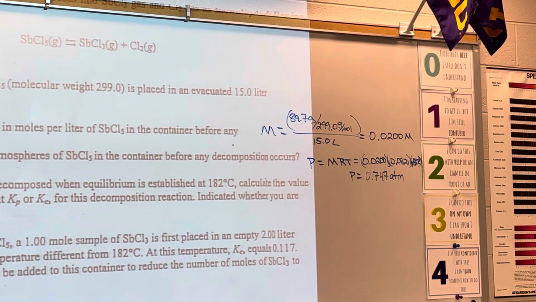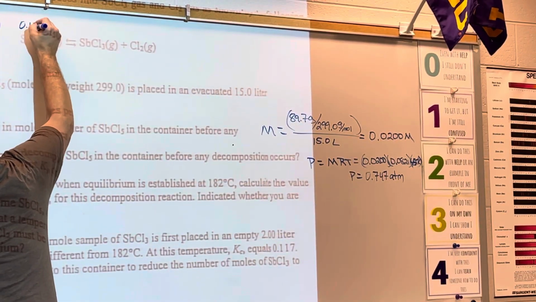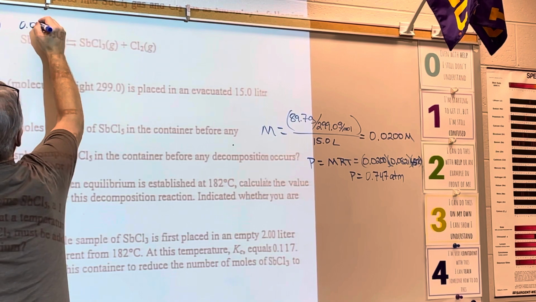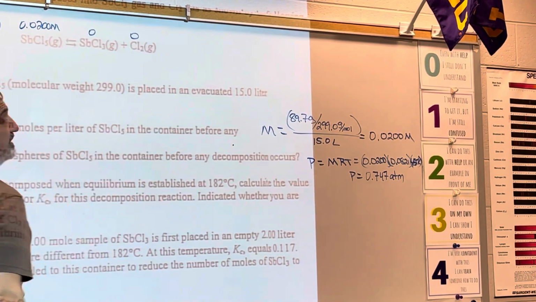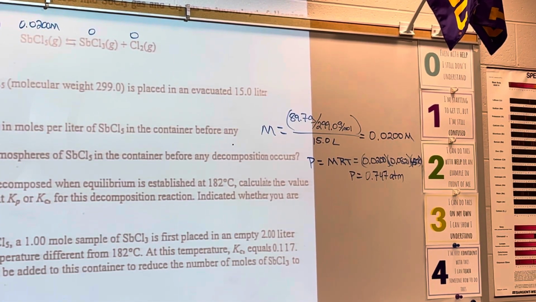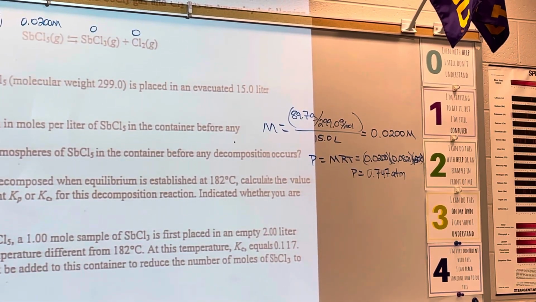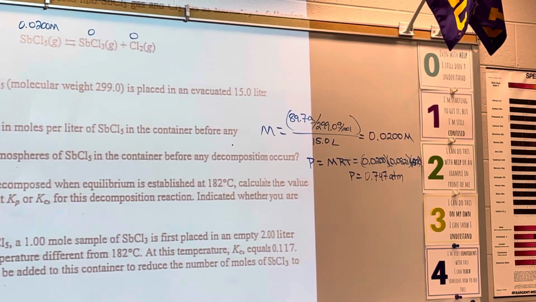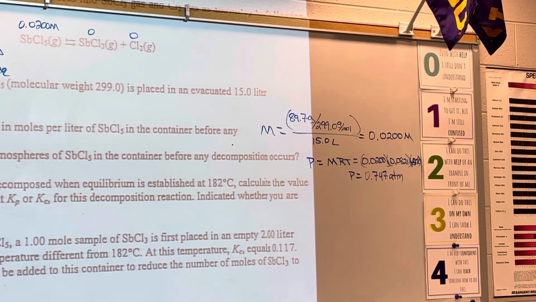But now I have my initial concentration is 0.0200 molar. It says if SbCl5 is 29.2% decomposed, so how much is going to change? Minus 29.2%.